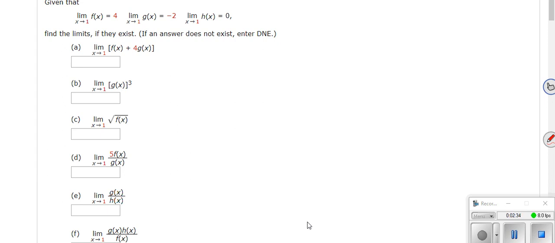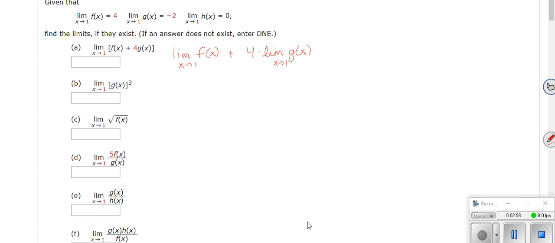This is broken out as the limit of f of x as x approaches 1, plus 4 times the limit of g of x as x approaches 1. That's using limit laws 1 and 3.